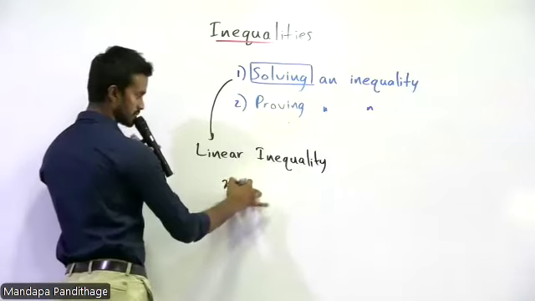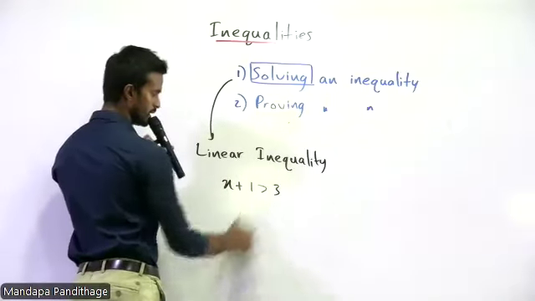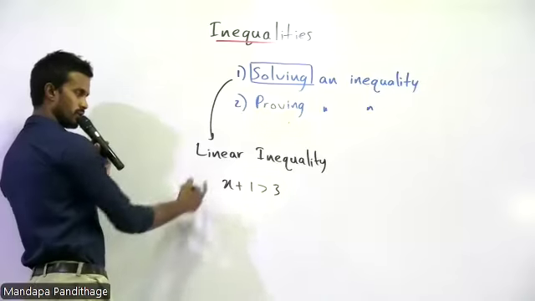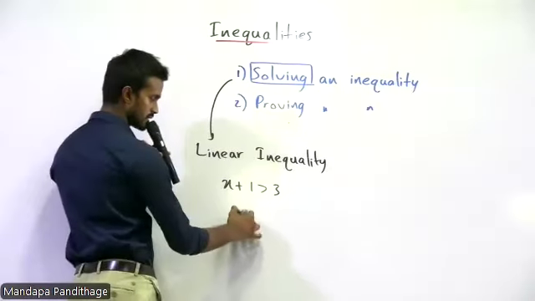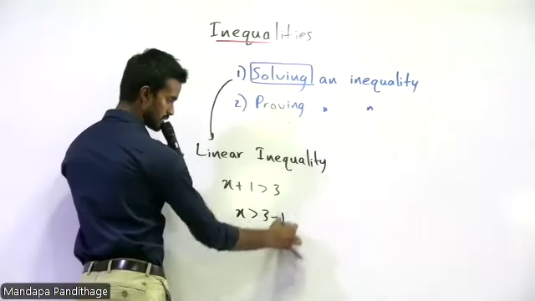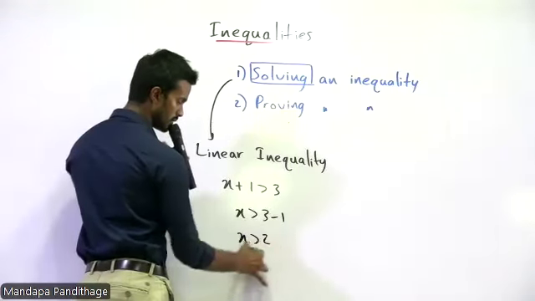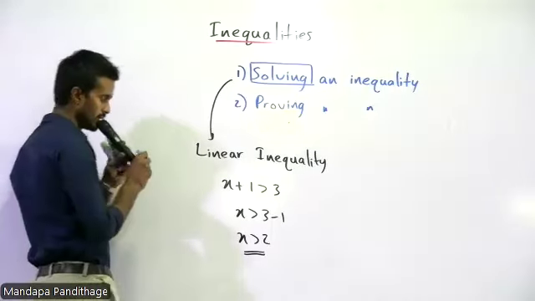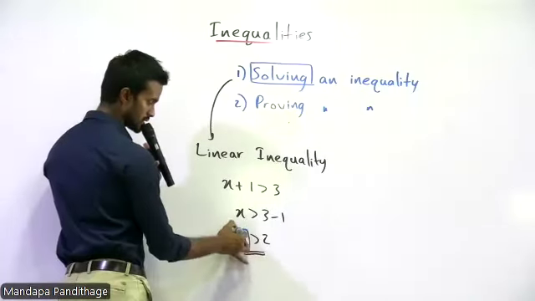If we have x plus 1 is greater than 3, simply when you have to solve a linear inequality, you need to subject x. So when you subject x, you get x is greater than 2, and this is your final answer.